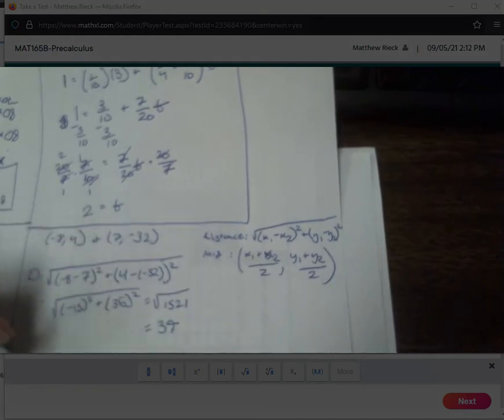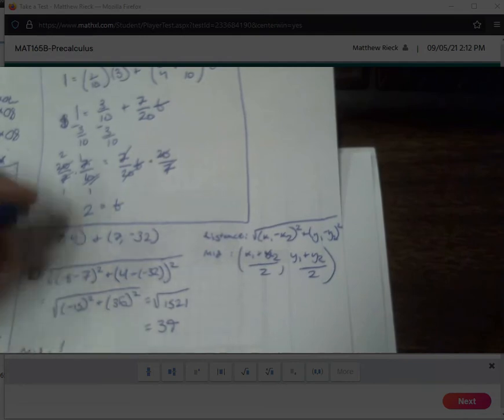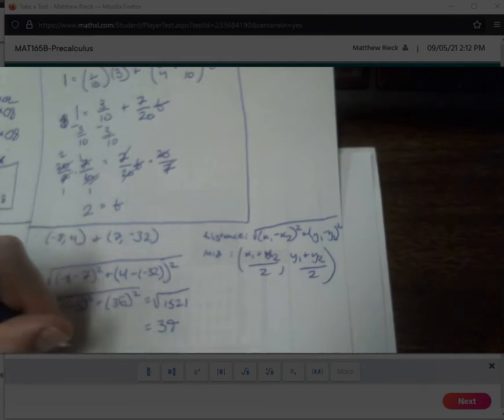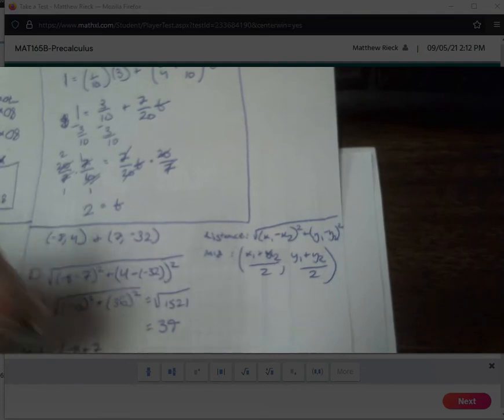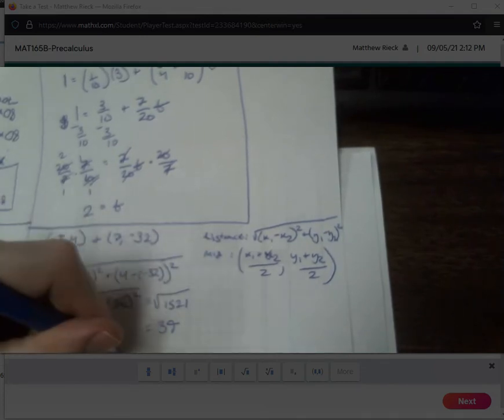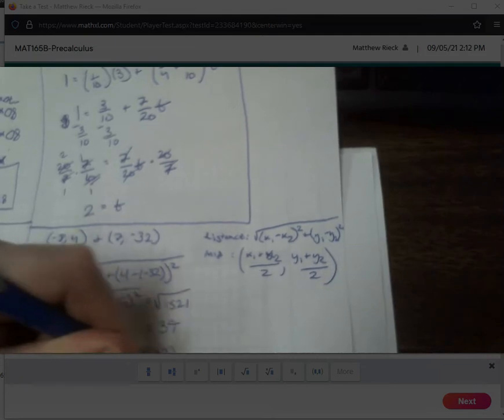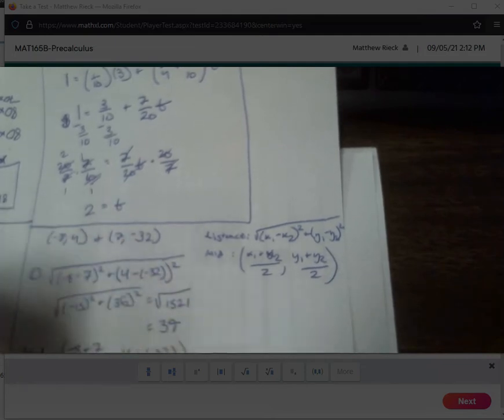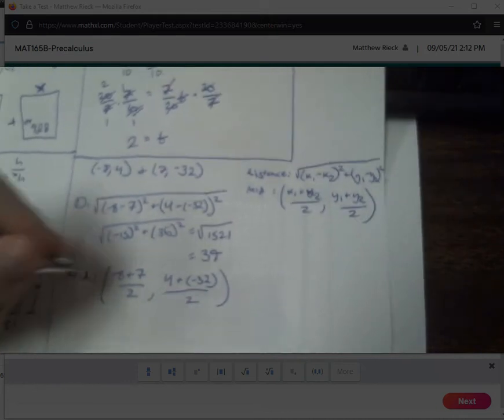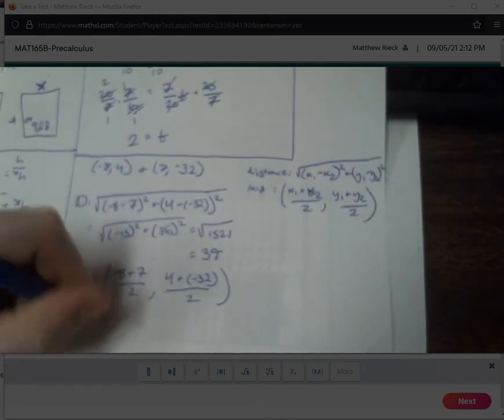So in this case, the midpoint, you're looking for both an x and a y coordinate. All right, so the midpoint here is going to be the average of your x values. So you take -8 plus 7 over 2. And then the average of your y values. So 4 plus a -32 over 2. And again, just doing the arithmetic here.